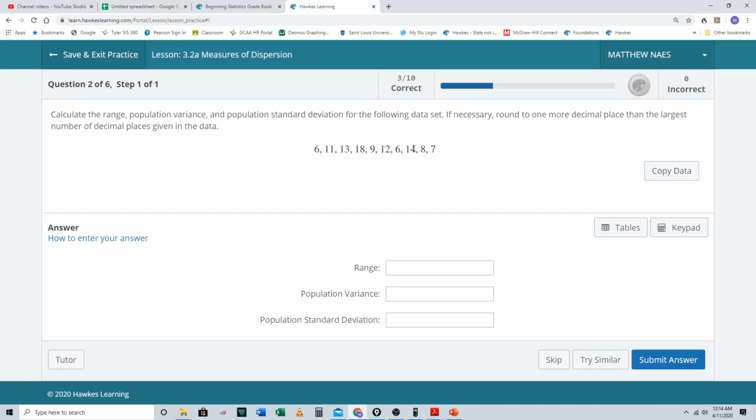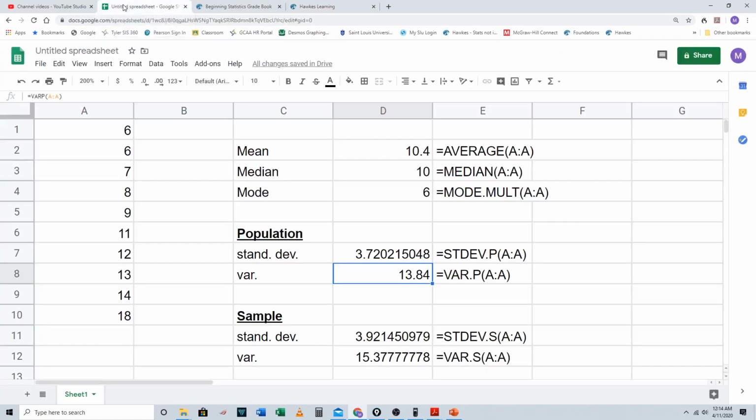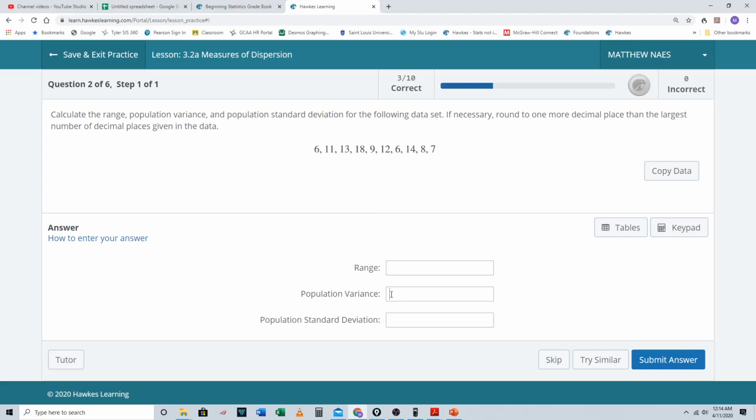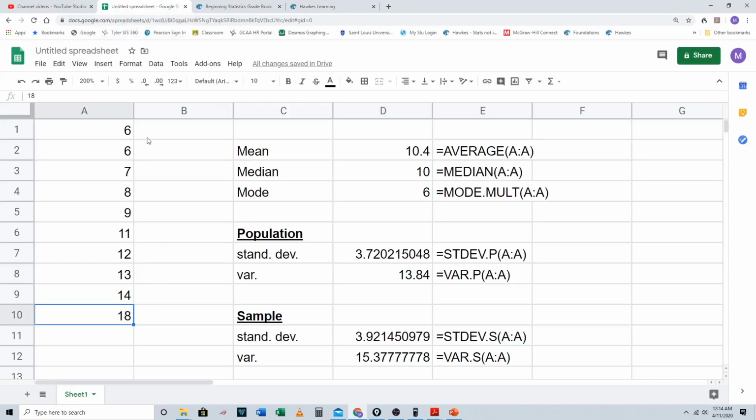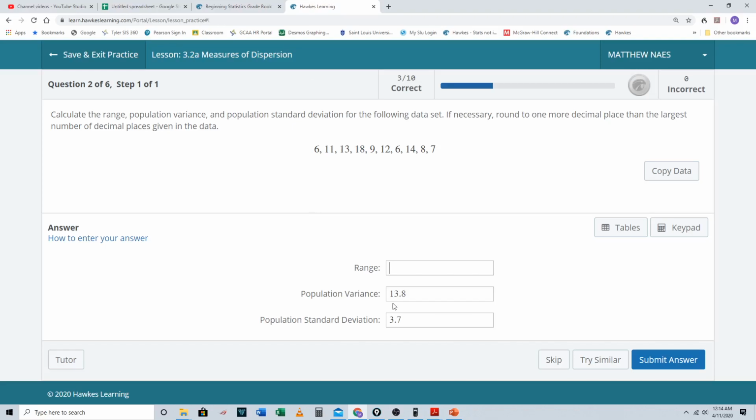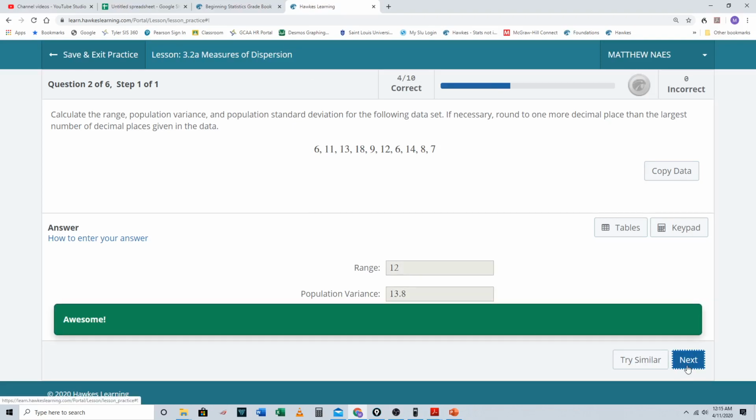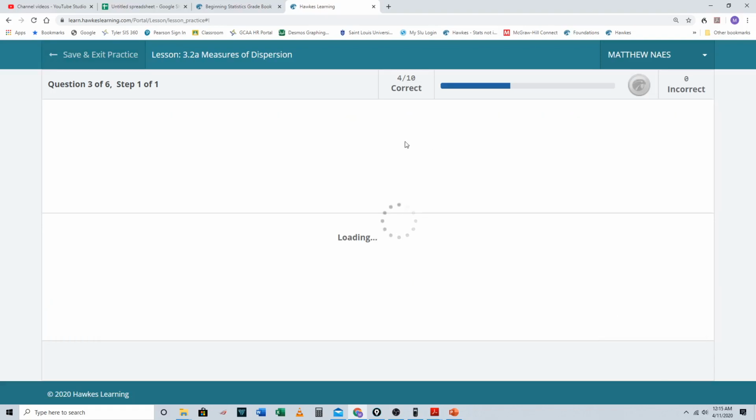They didn't give us a number of decimal places, so we're going to go to one decimal place. So 13.8 and 3.7. Range: 18 minus 6 is 12. And there it is.